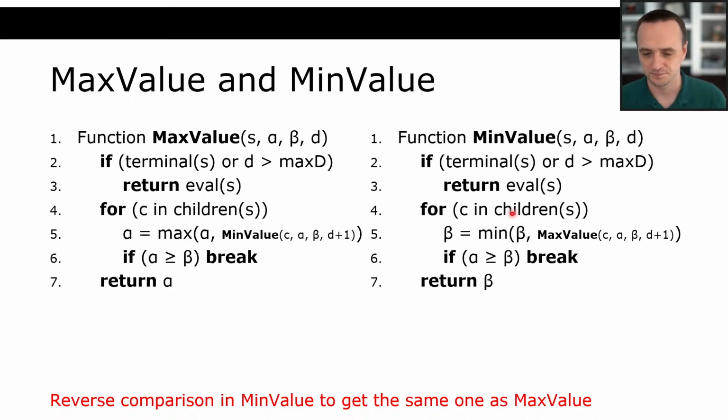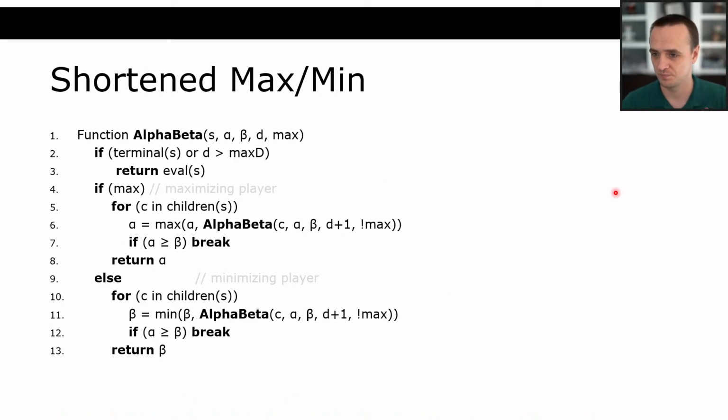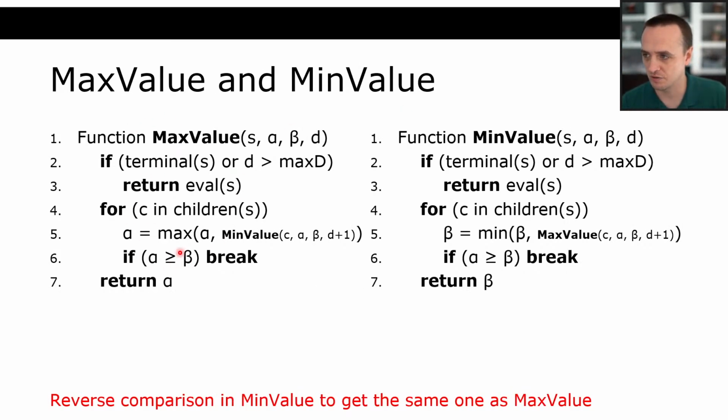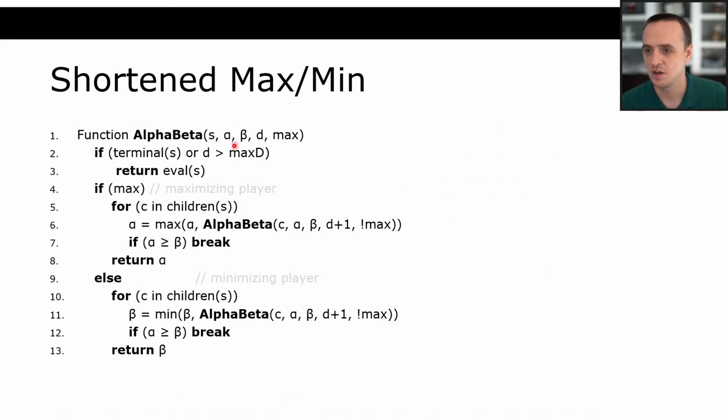So let's keep going. Now we're going to take these two min and max versions and make them into the single long-form version where we have an if statement. So what we're doing here is we took both of these algorithms, MinValue and MaxValue, and turned them into one algorithm.